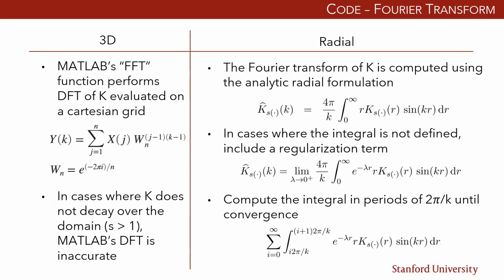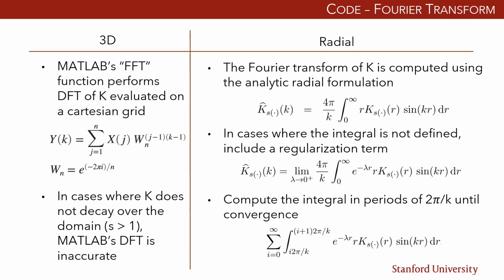But in cases where the kernel doesn't sufficiently decay on the domain, this approximation of the Fourier transform integral isn't converged, and therefore it's inaccurate. And so in these cases where k doesn't decay, which is also the case when s is greater than 1, we had to come up with a different approach.